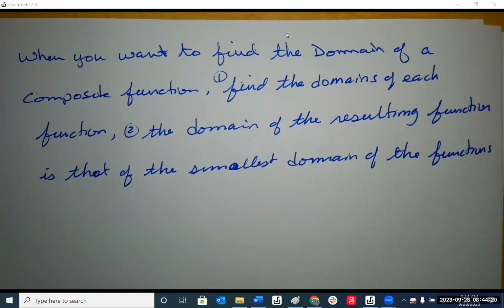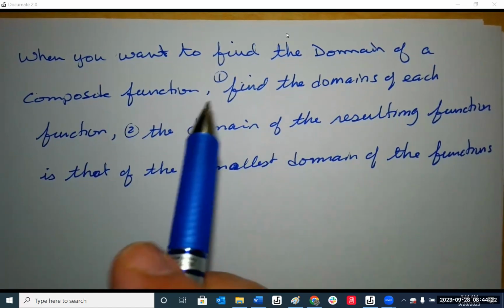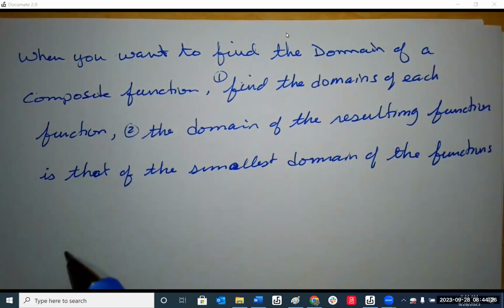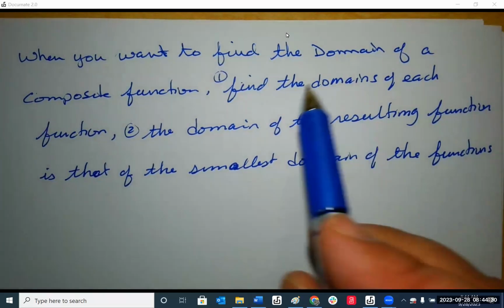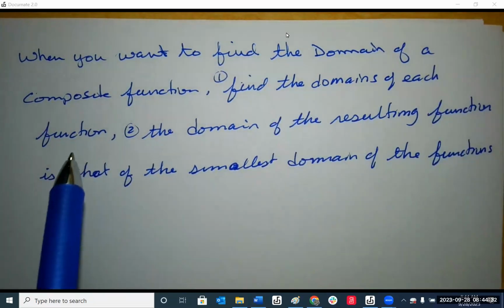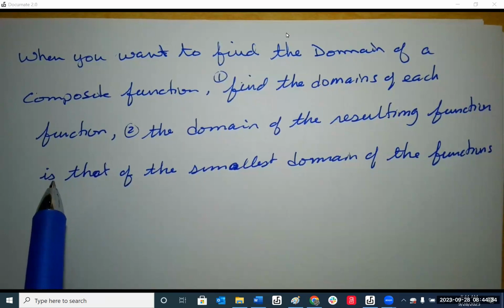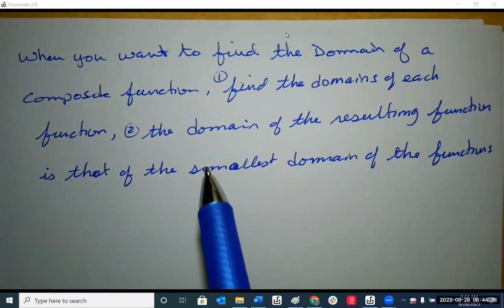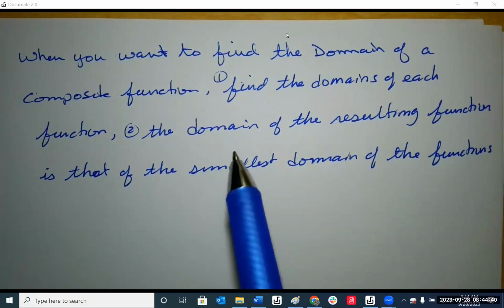What does all that stuff mean? When you want to find the domain of a composite function, that's f plus g, f minus g, or f of g, f minus g, f times g, first, you find the domains of each of the functions. Once you find that, then the domain of the smallest one will be the domain of your answer.